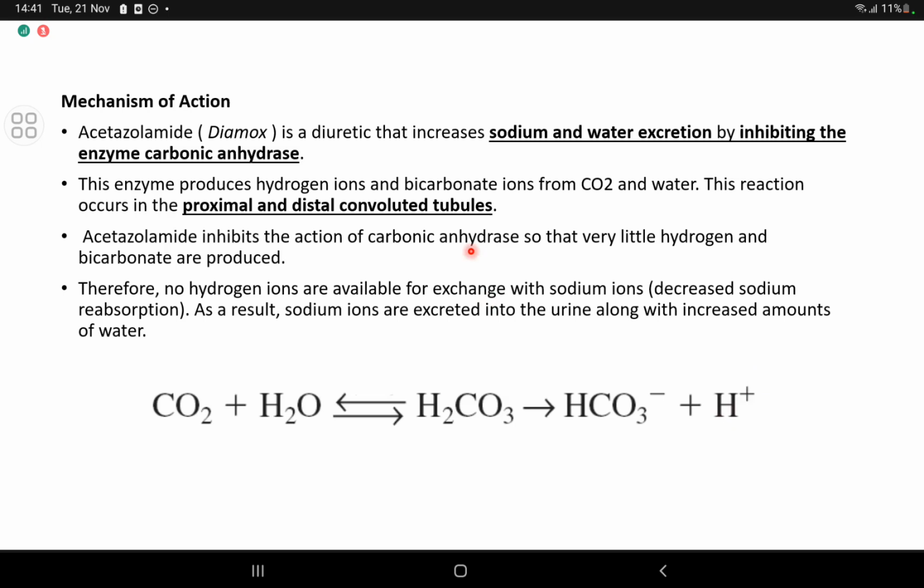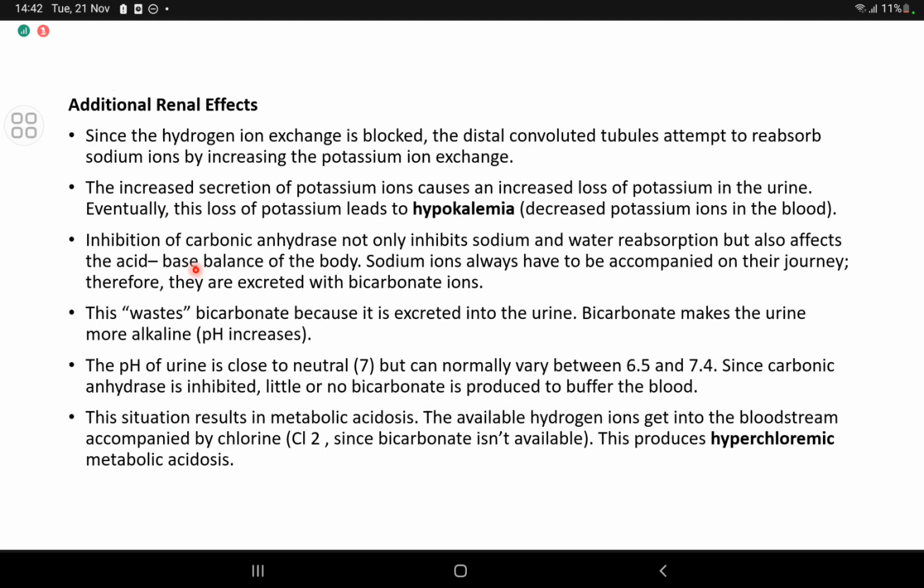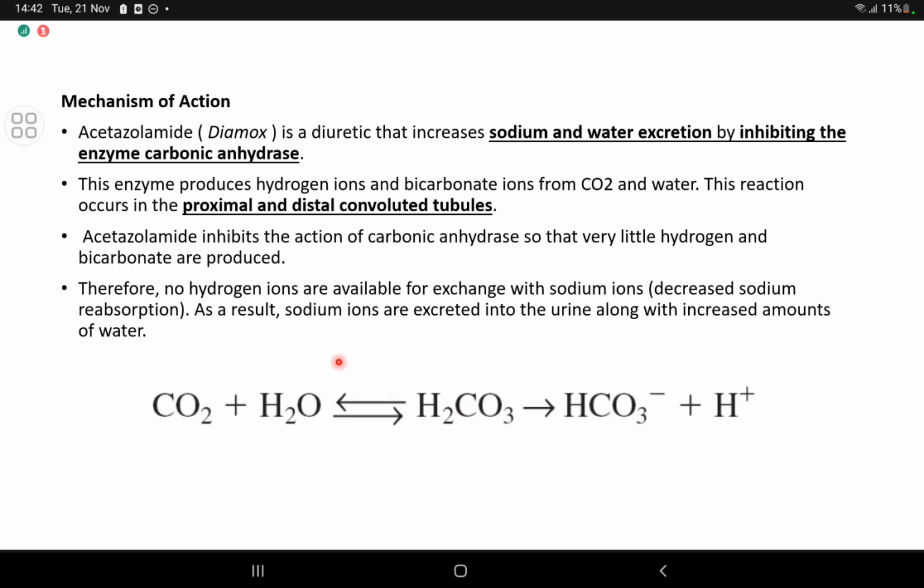Clear? Since carbonic anhydrase inhibitors involve the production of bicarbonate, these drugs might alter your body pH. In normal conditions, carbonic anhydrase produces bicarbonate and hydrogen.